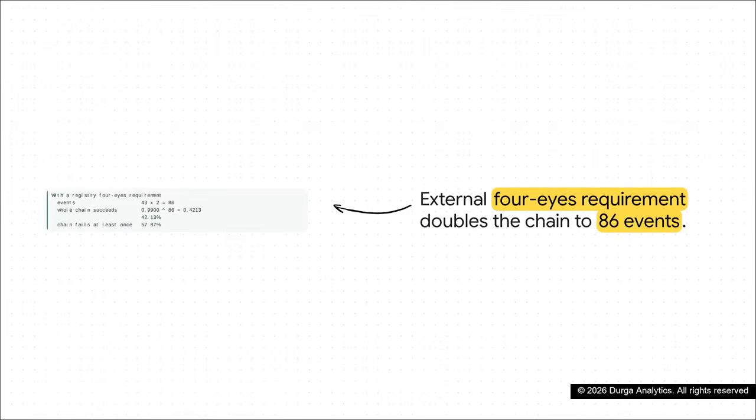If we add the mandatory external registry 4 eyes requirement, which both major registries impose, and which you simply cannot waive through internal delegation, the chain doubles to 86 events. Your success rate just collapsed to a terrifying 42.13%. More than half the time, this process is mathematically doomed to fail on paper.